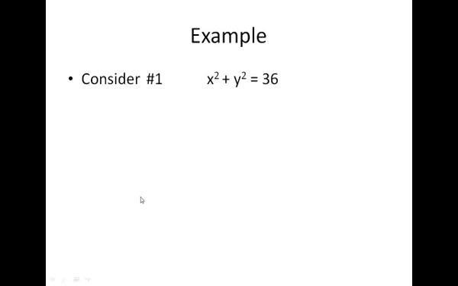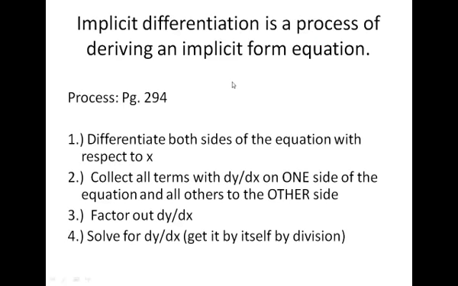Your first example is going to be number 1, and they give you this, and it says find dy dx by implicit differentiation. I'm just going to say diff. Okay, so what we're going to do is understand that this is our y, it is amongst the equation, this is implicit, so we're going to have to use these 4 steps.